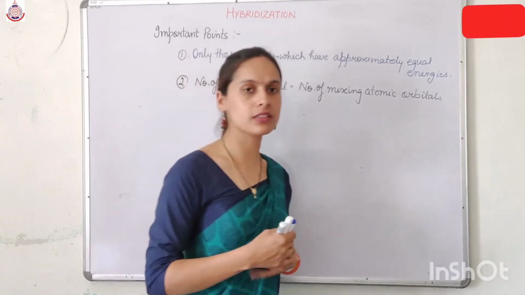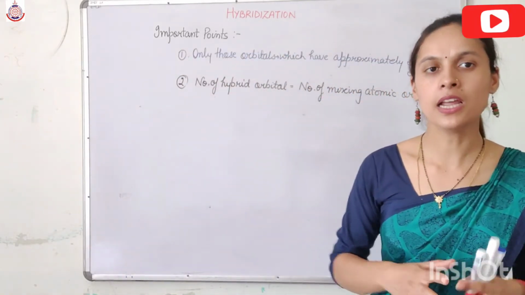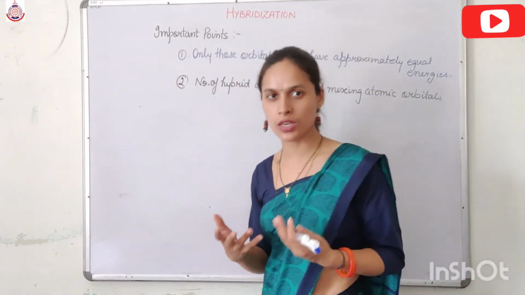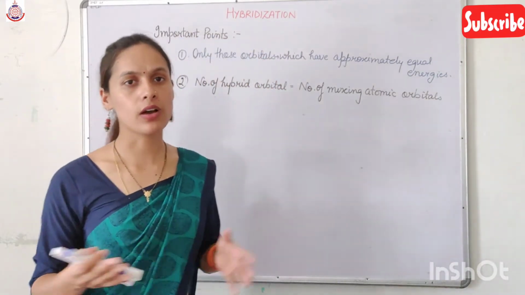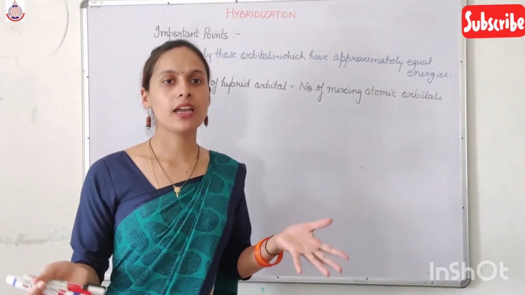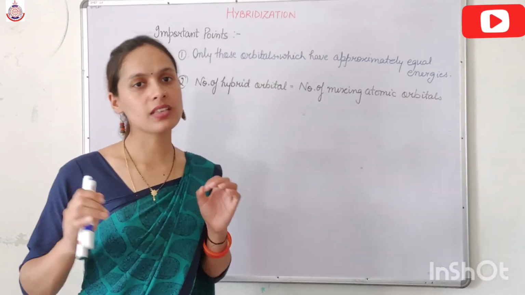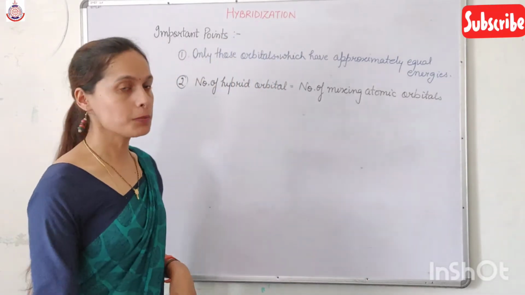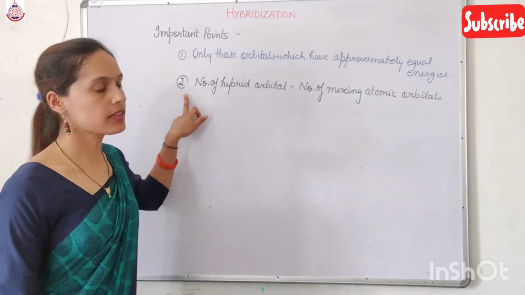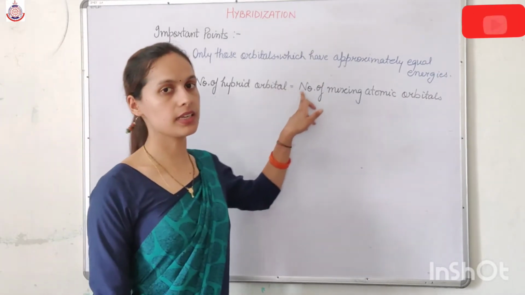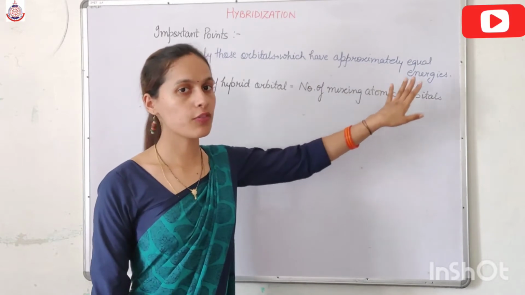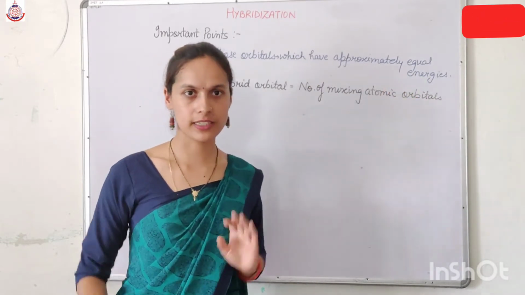If 3 atomic orbitals combine, the number of hybrid orbitals becomes 3. If 6 atomic orbitals overlap with each other and redistribute their energies, then we get 6 hybrid orbitals.